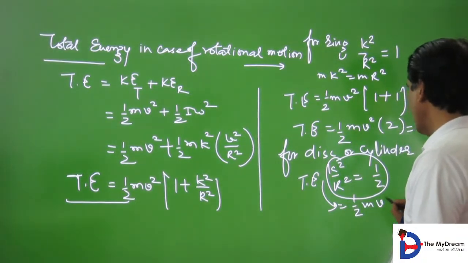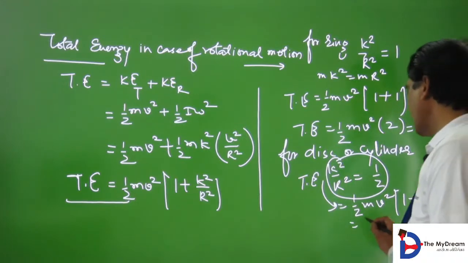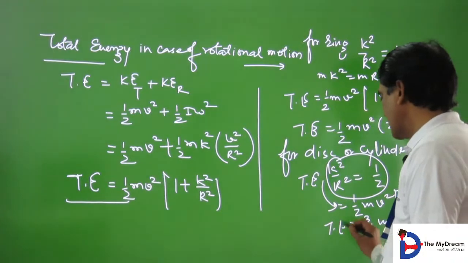That is half m v squared, 1 plus 1 by 2, that is 3/4. Yes.